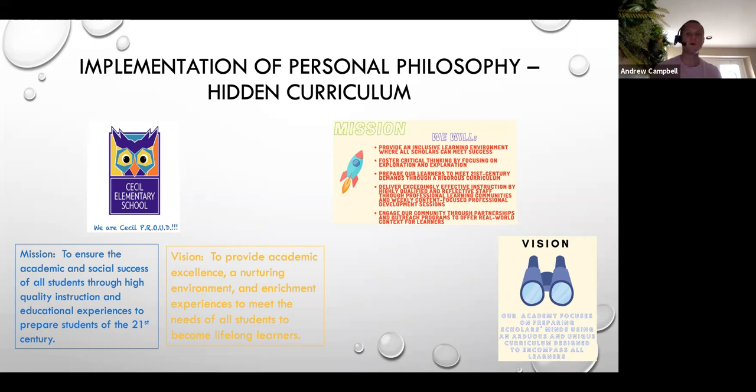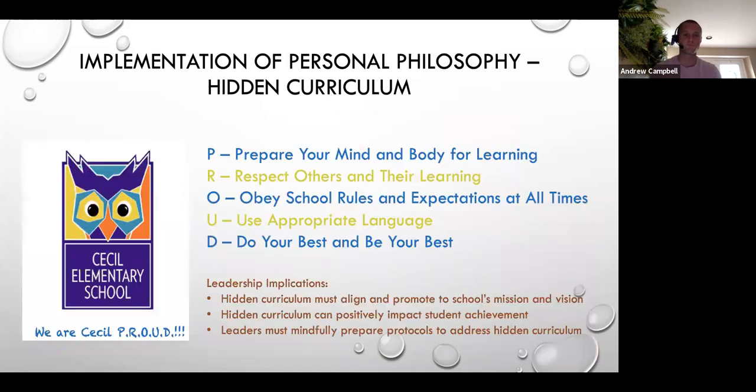So how are we going to push our students? Well, the mission and vision has things like a nurturing environment and enrichment experiences. That's not necessarily part of the formal curriculum. These are things that are part of the hidden curriculum which we still must address. These are going to help our students meet their goals.